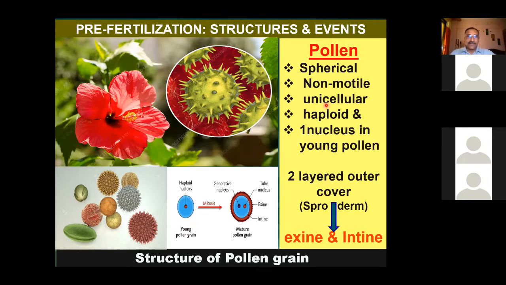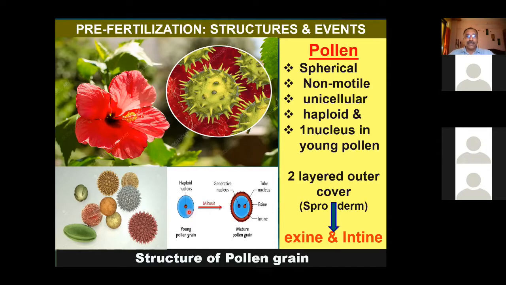That means this is the pollen grain structure. Now you say this is the young pollen grain. You see this is a single cell. It is a single cell in which you can see a single nucleus, and that single nucleus is haploid.